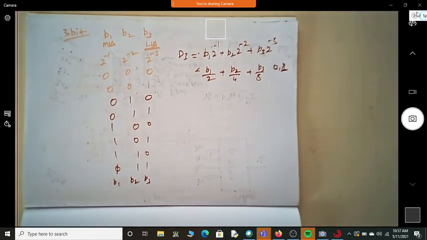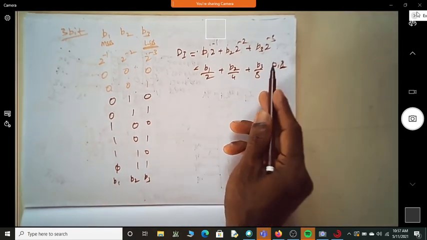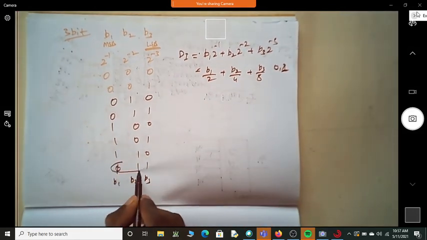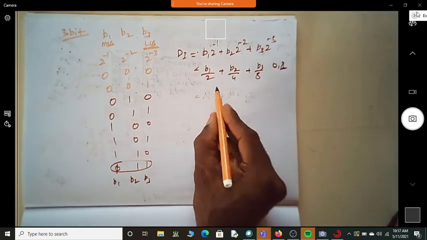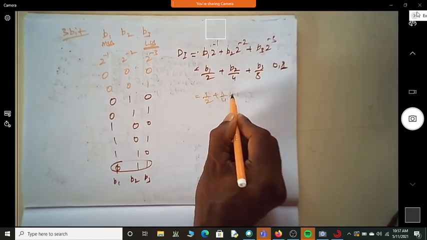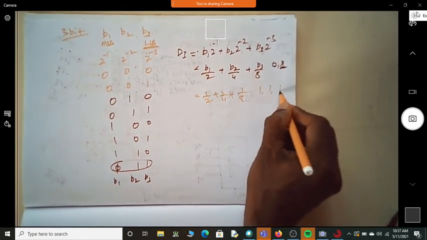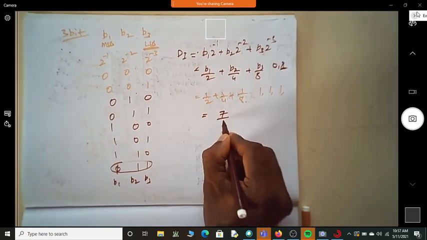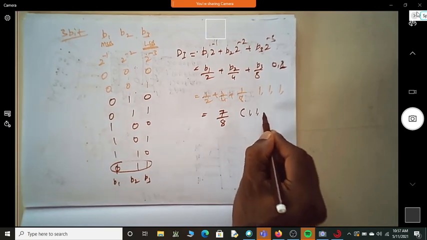Suppose it is 1, 1, 1, what value are you going to have? Half plus 1 by 4 plus 1 by 8, which is 7 by 8.